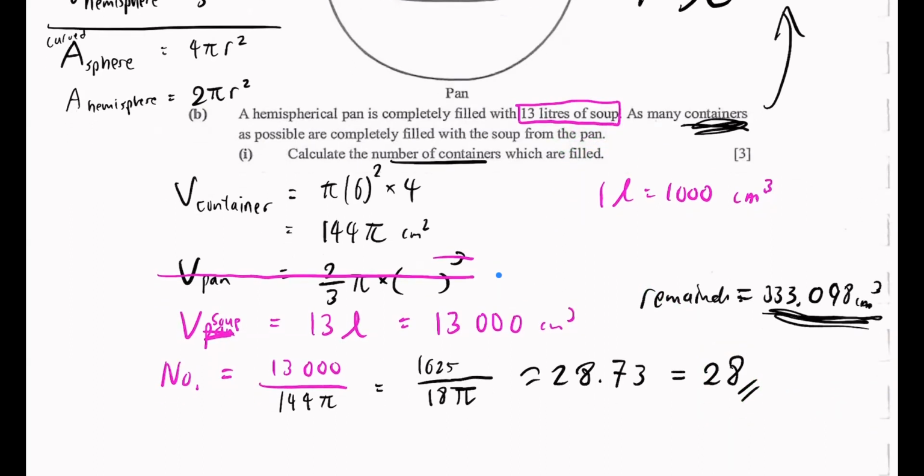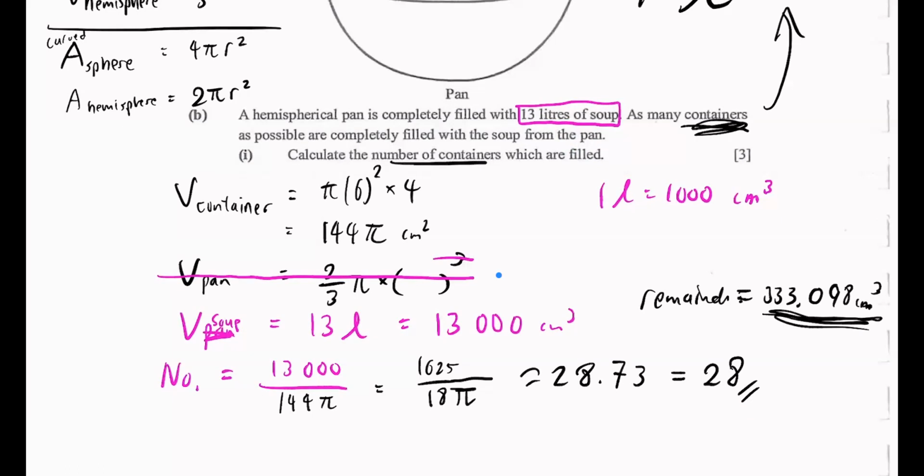That's a remainder, which is less than 144 pi. 144 pi is around 452, so it's not enough to fill up one full container. So you get a remainder of 333.